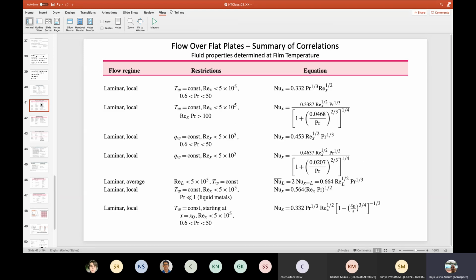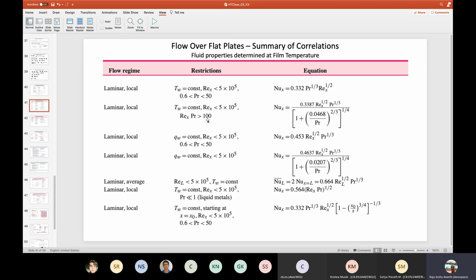This is the same, I think just a little bit more elaborate. Again, Prandtl number greater than 100. Remember the Prandtl number earlier was a little bit lower. Still laminar, but Prandtl number is higher than 100. So Prandtl number higher than 100 means the velocity boundary layer is much bigger than the thermal boundary layer.